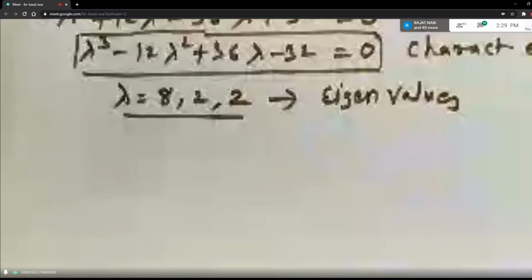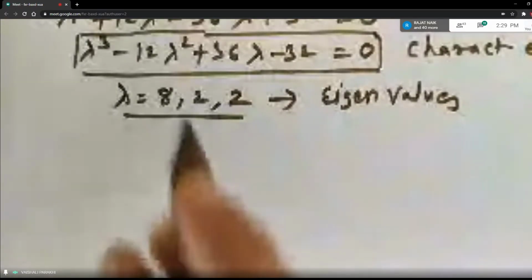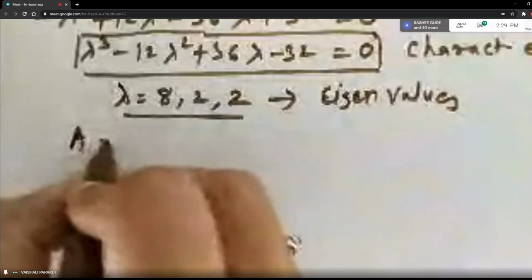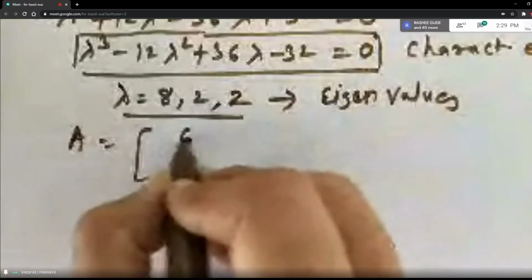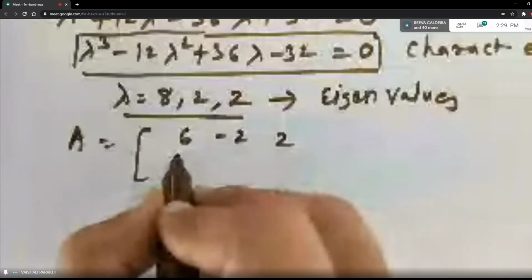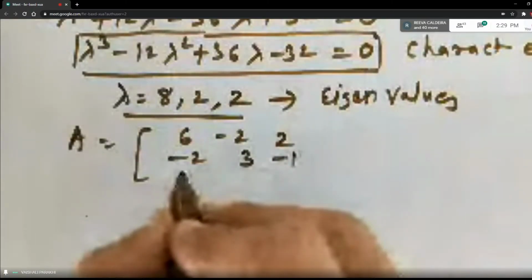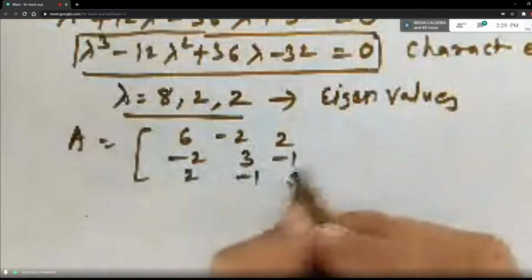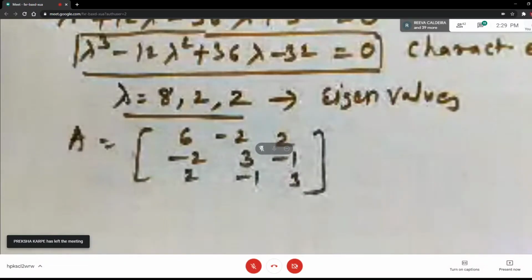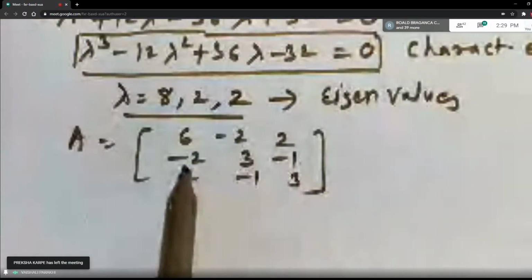So our matrix A is 6, minus 2, 2; minus 2, 3, minus 1; 2, minus 1, 3. Now, what is the sum of the diagonal elements here, students?